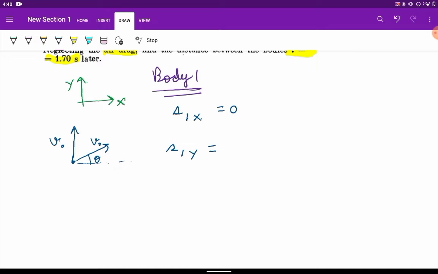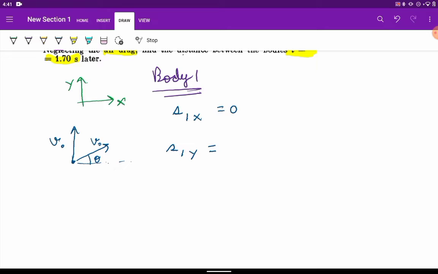from kinematics we already know the equations that relate the initial velocity, the acceleration, and the displacement after some time t. That is nothing but ut plus half at square.